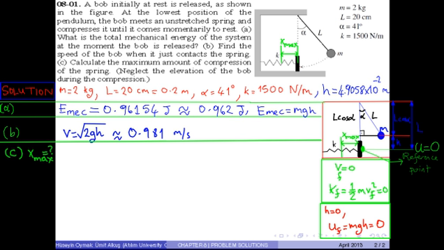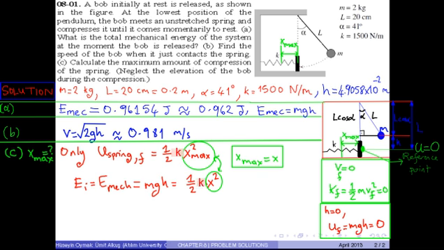Then we have only spring energy, that is 1/2 k times x squared. As a conclusion, the law of conservation of total energy gives total mechanical energy, that is m times g times h, equals 1/2 times k times x squared, which is the final mechanical energy of the system.